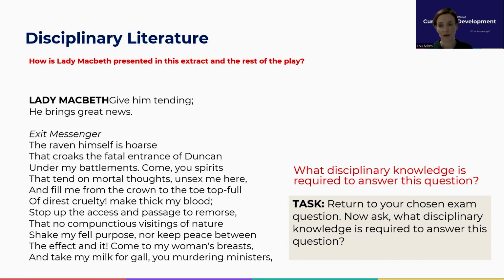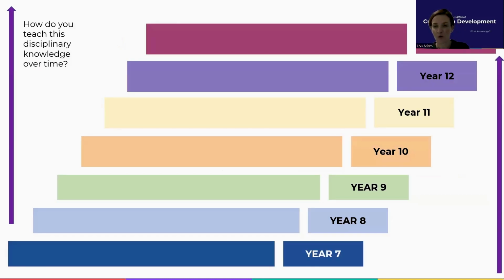Moving back to your exam question, let's now consider the disciplinary knowledge required to answer this question. Return to your chosen exam question and ask, what disciplinary knowledge does a student need to have in order to answer this question? Before we move on to the next knowledge type, we can consider a child's journey, again, thinking this time about disciplinary knowledge.